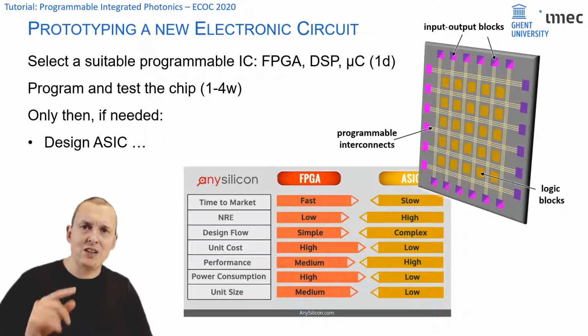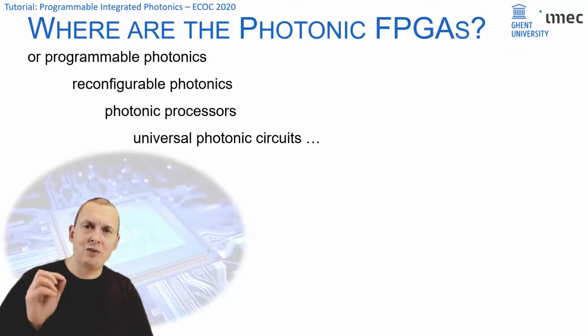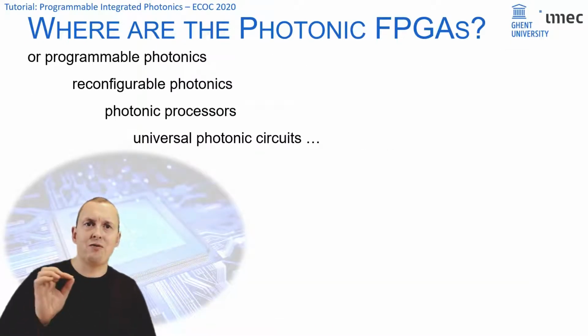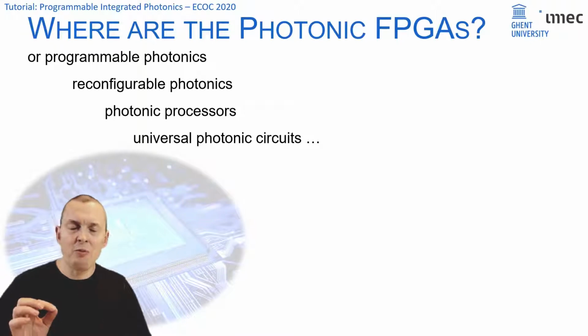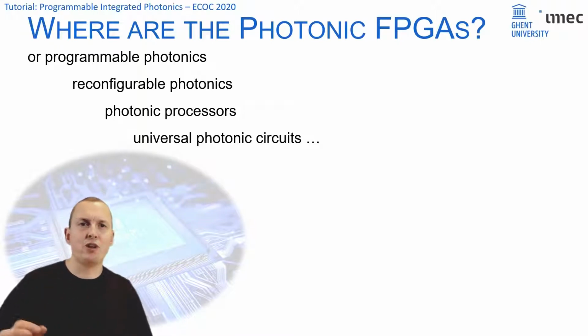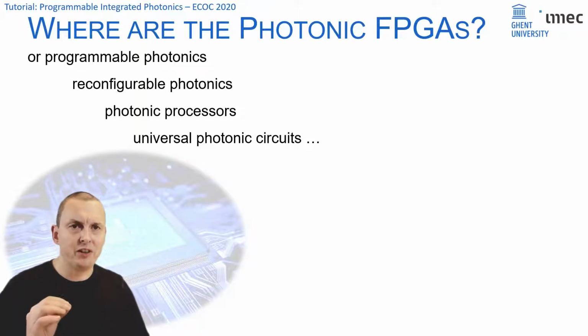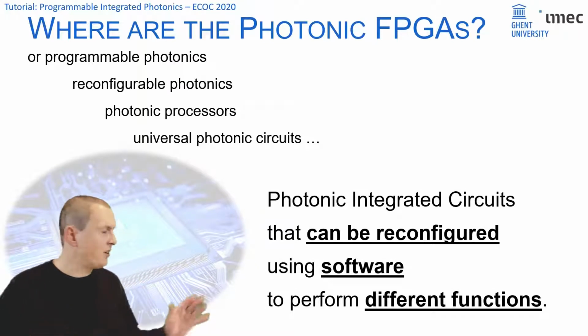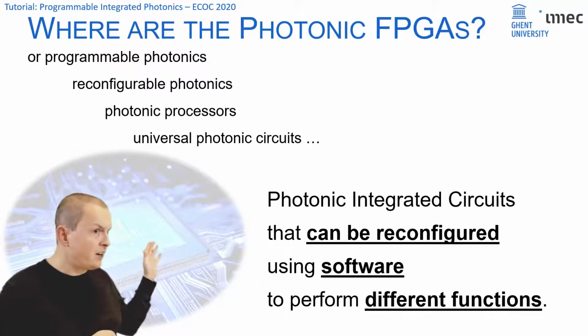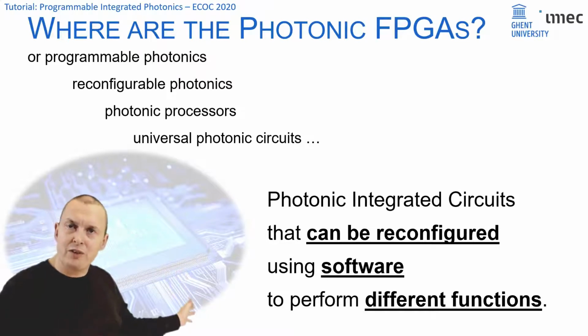So the question is here, where is this equivalent in photonics? Where are the photonic FPGAs? And people have been coining different names like programmable photonics or reconfigurable photonics or photonic processors. I think the definition which is very important here in this context is a photonic integrated circuit that can be reconfigured in software to perform different functions.